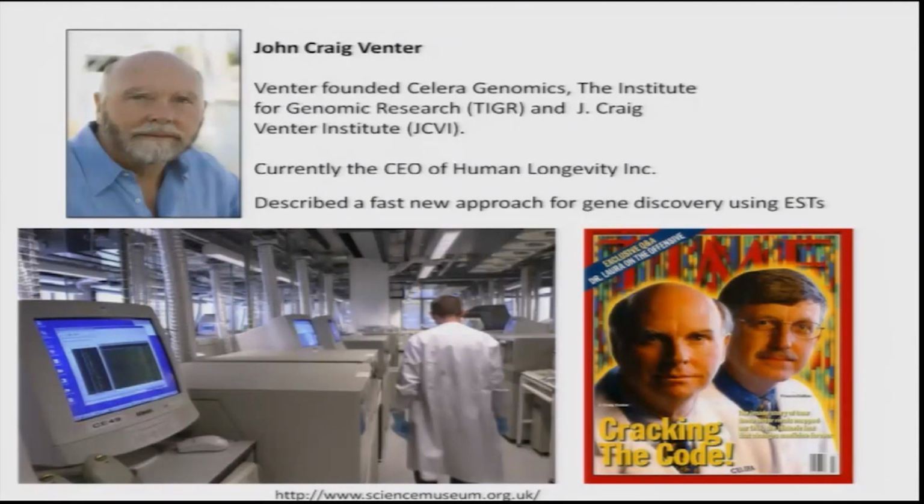When the human genome sequencing was started, the aim was to sequence the genome, and people used various approaches to find where the genes are. It is a very laborious and challenging task, but what he did was a different kind of approach called EST, which stands for expressed sequence tags. The approach is that you make cDNA libraries from various tissues, for example, the human body, and then sequence only a part of the cDNA.